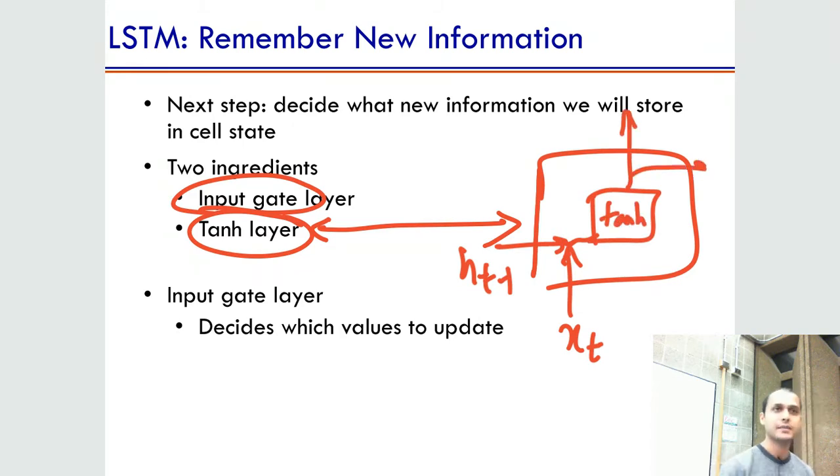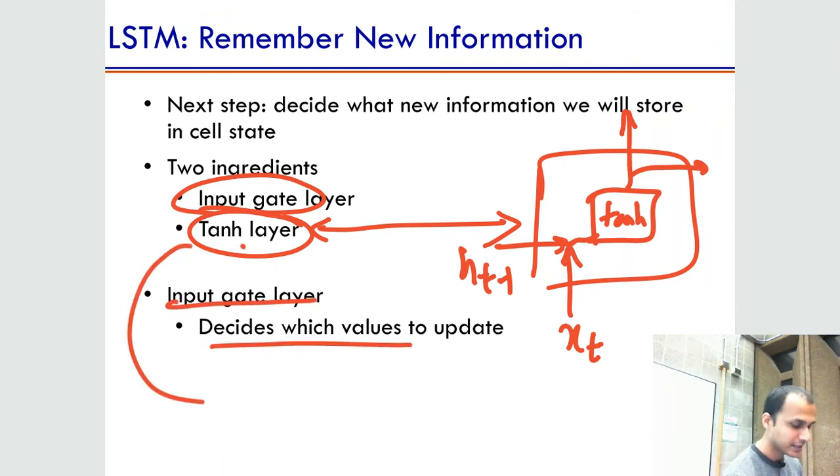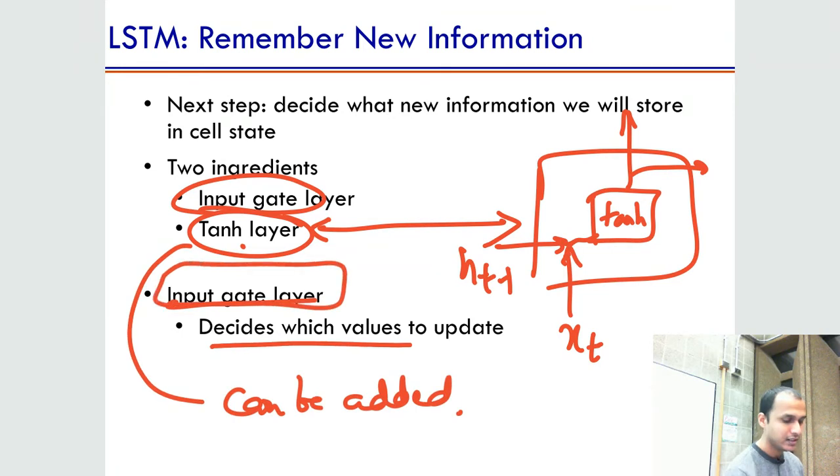So this tanh is the same as that tanh. It's almost the same interpretation, but there's an input gate which tells me what to add to the cell state. This tanh computes something which can be added, and the input gate modulates what information should actually be added.